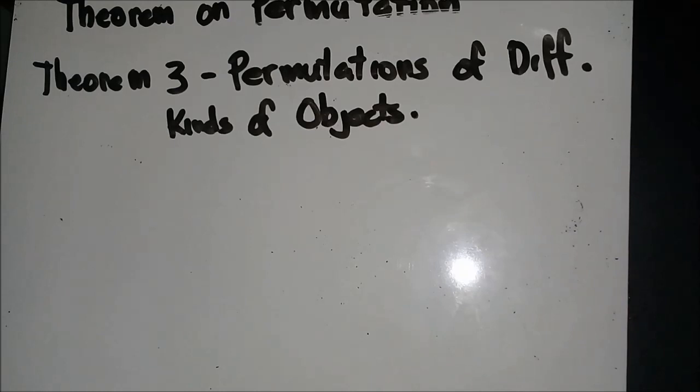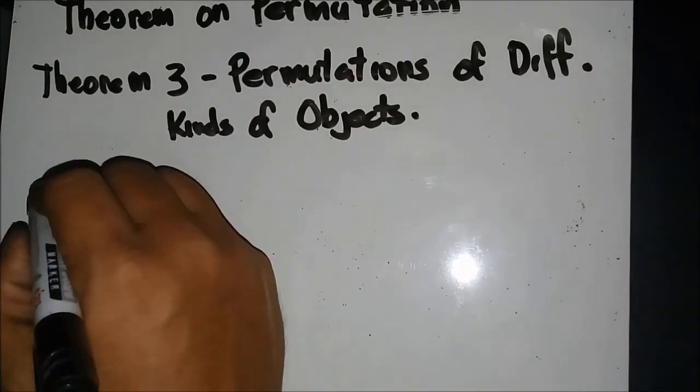The number of different permutations of n objects, of which n1 are of one kind, n2 are of a second kind, and so forth until nk are of the kth kind.